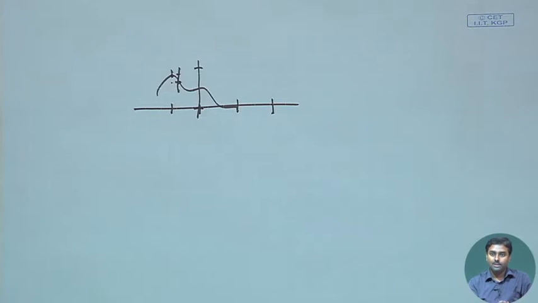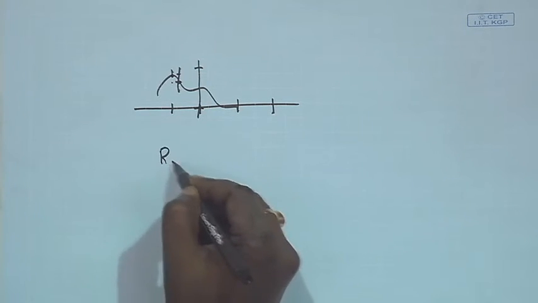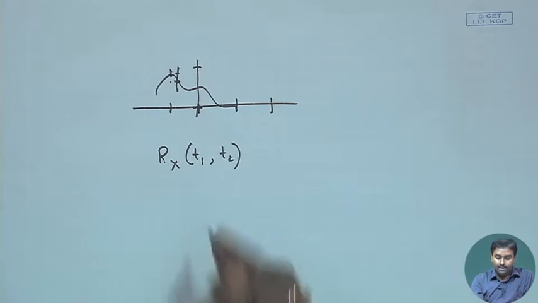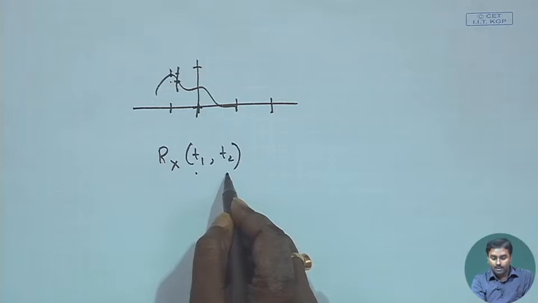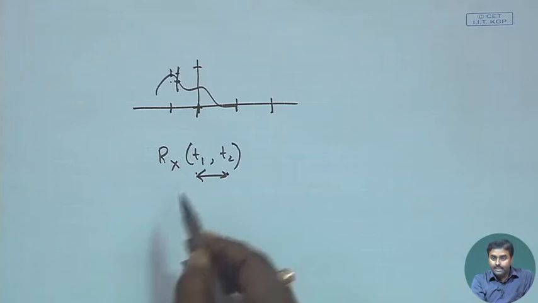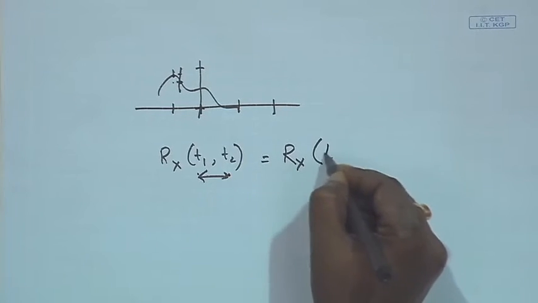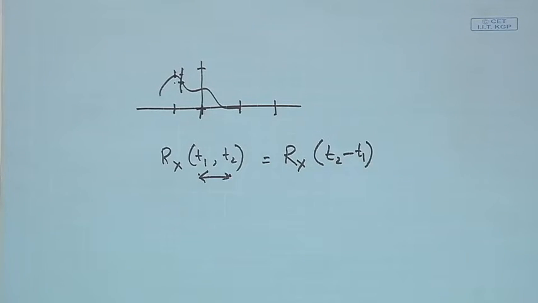So, the autocorrelation function which we have defined, which is the second order thing, that is Rx(T1, T2). It was earlier a function of T1 and T2. Now, if I can say that this is only dependent on the separation between them, not individual values, so it is just Rx(T2 minus T1), it just depends on the separation, but not where T1 is.